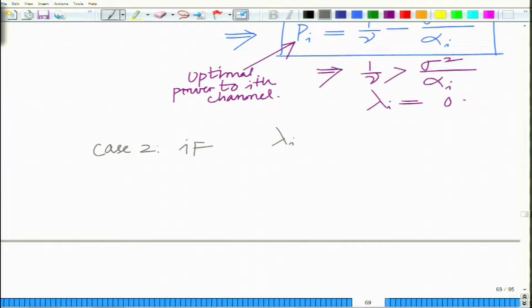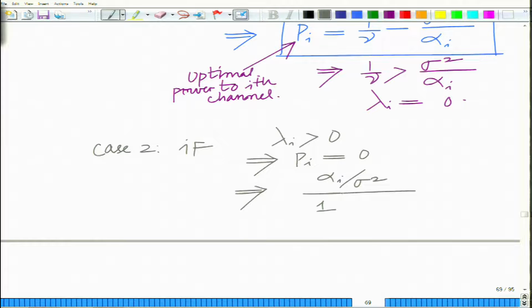Now, if lambda I is greater than 0, that is, the Lagrange multiplier is slack, this implies that Pi equals 0. Now, this implies alpha I by sigma square divided by 1 plus alpha I Pi by sigma square, but Pi is 0. So, 1 plus 0 plus lambda I equals nu.